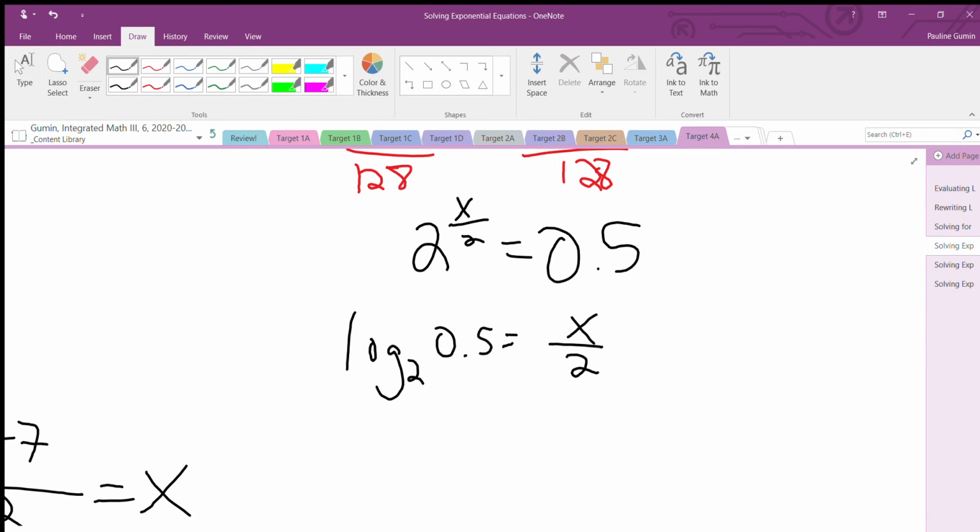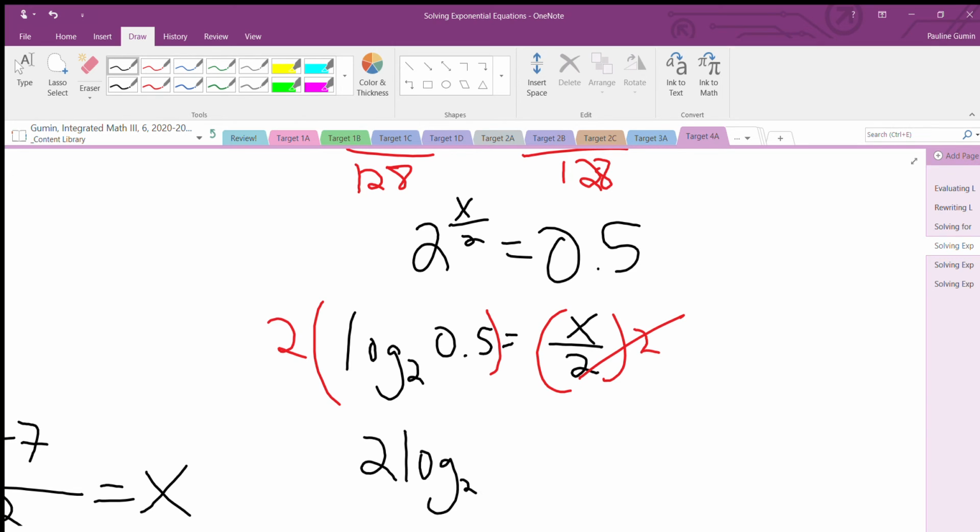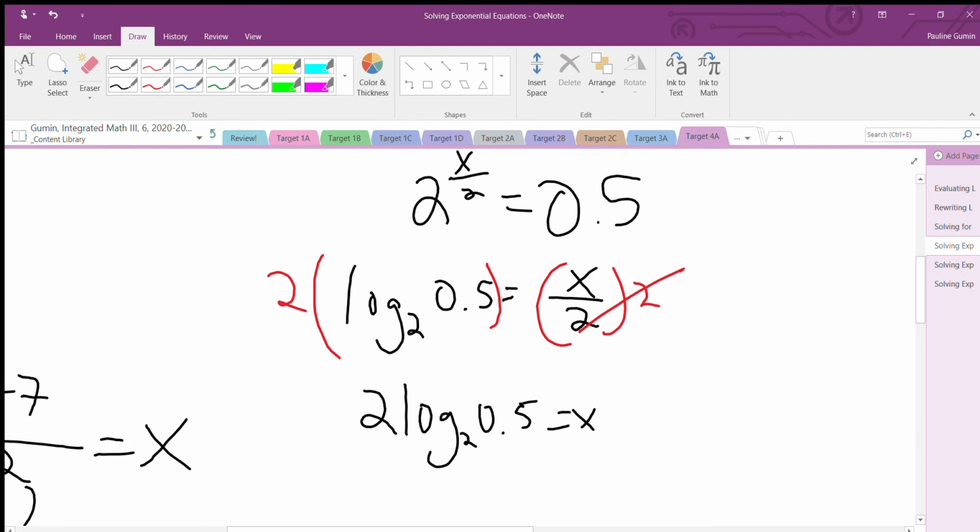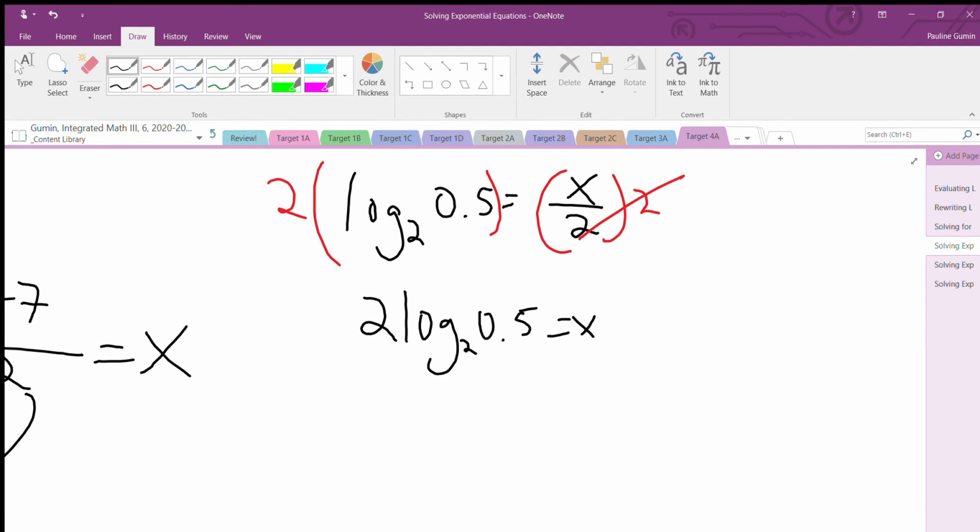And what we need to do is multiply both sides by 2 to get rid of that over 2 and to get x by itself. So we get 2 log base 2 of 0.5 equals x. Now, if you're using that calculator link that I gave you, log base 2 of 0.5 is -1.